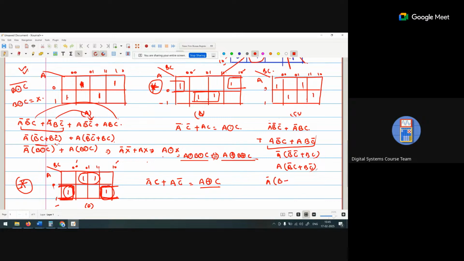I'm taking the B XOR C bar plus A (B XOR C). Or if I take it as A bar (B XNOR C) plus A (B XNOR C bar).